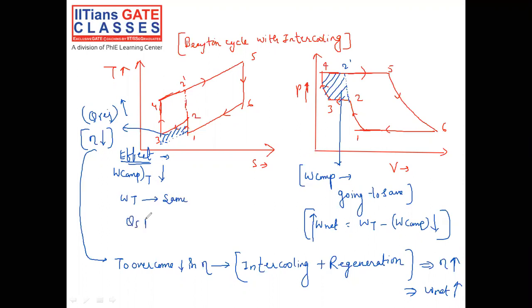Heat supply is going to increase. Why? Because initially we were heating from T2 to T5, but now we are heating from T4 to T5. So heat supply is going to increase. Heat rejection is going to increase. Due to that, efficiency will reduce. And the net work output, that is our main aim, will increase due to this intercooling process.